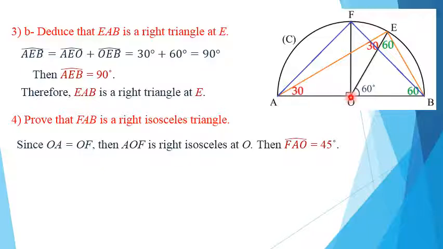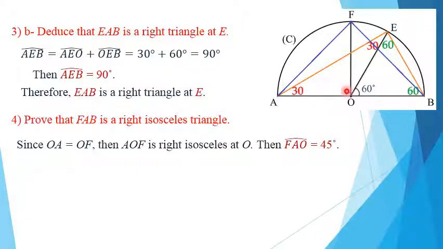We have AO equal to OF. It's a height or a perpendicular, right? It forms a 90 degree angle. So AOF is a right isosceles triangle. Again, we have a right angle, so AOF is right.